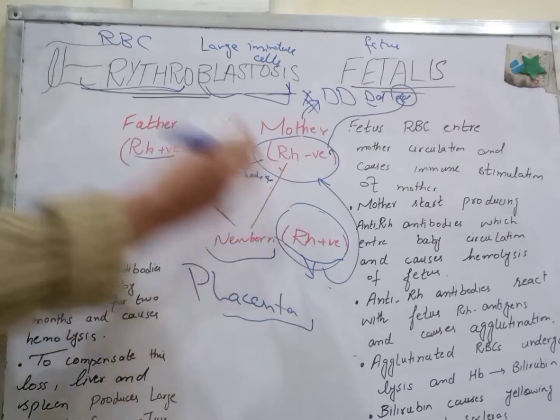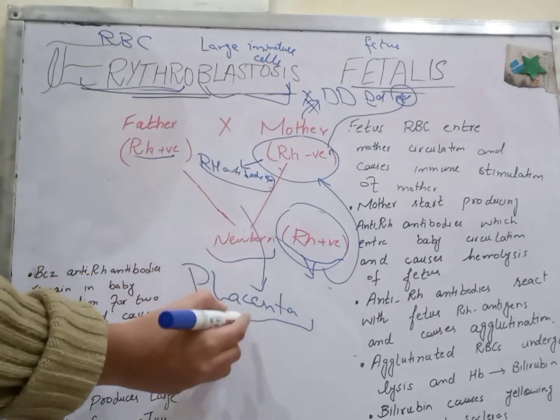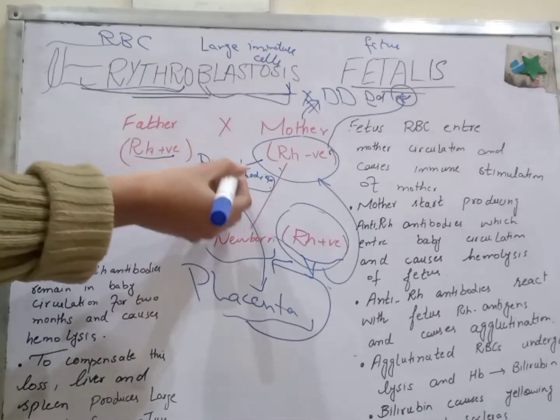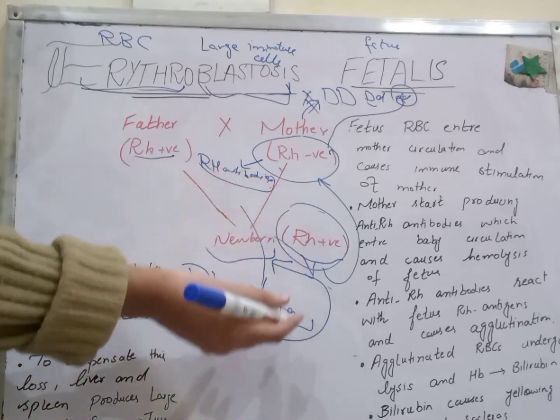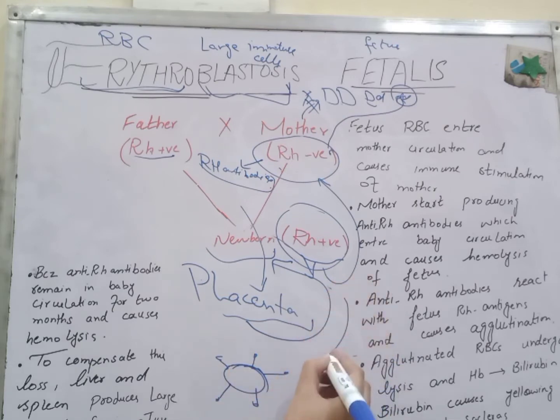Now what happens next? When these Rh antibodies pass through the placenta into the newborn, the antibodies will combine. See, this is an RBC containing the Rh antigen, and now here comes the mother's blood containing Rh antibody.